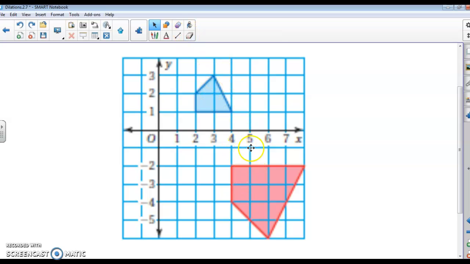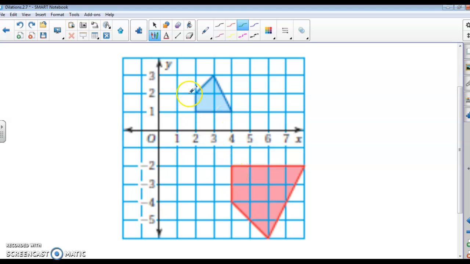Well, did it get bigger or smaller? Even though I can't hear you, I know you said smaller. So how much smaller did it get? What did we multiply the side lengths by from the red one to get to the blue one? So the red, this side length is 2. It looks like it corresponds with this side length, which is now 1. And the bottom used to be 4, and now it's 2.